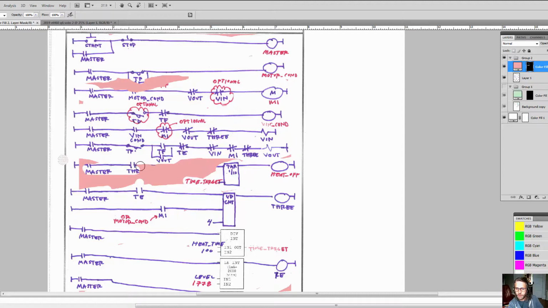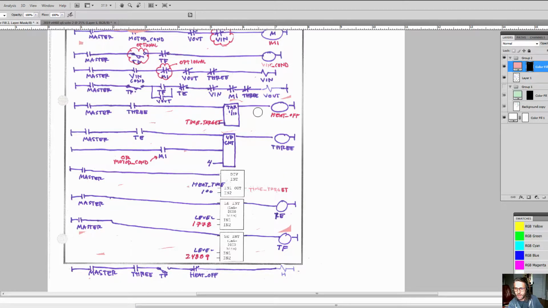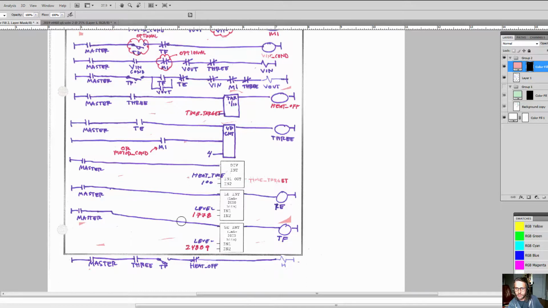So I've got a 3 there. As soon as I get 3 drains, the timer starts and the heater starts. So the 3 counter activates 2 things. It activates the timer and it activates the heater. And when the timer expires, heat off, then that cuts the heater.